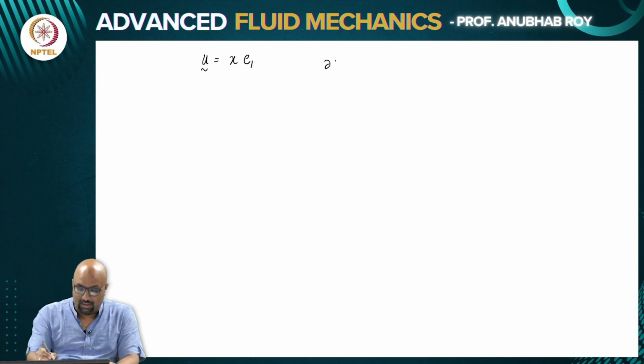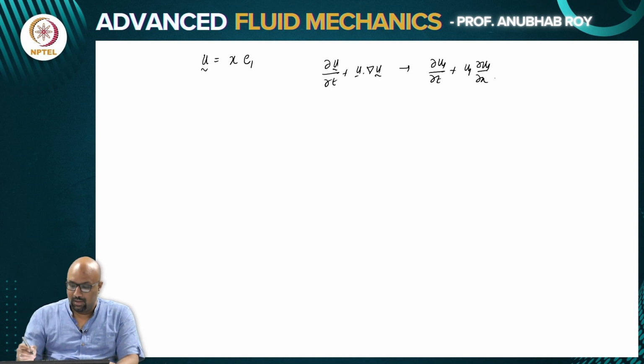Let us write that term out: dou u dou t plus u dot del u. There is only one component of this object. So, this becomes du1 dt plus u1 dou u1 dou x. The first term is 0.